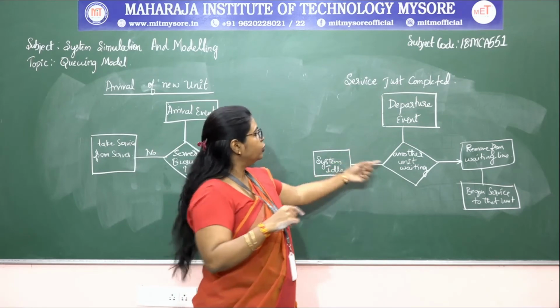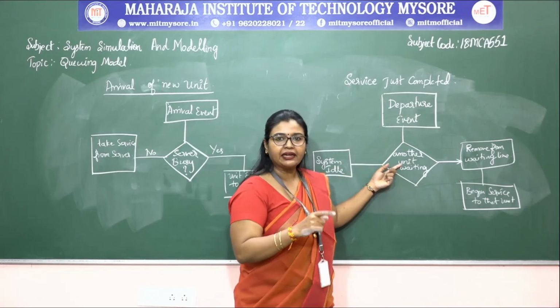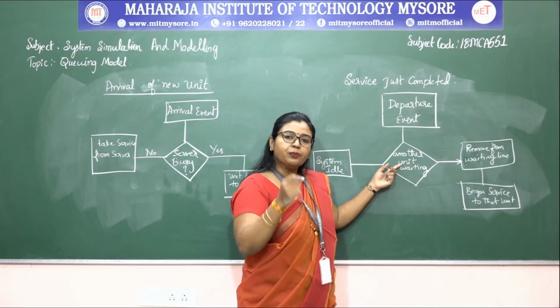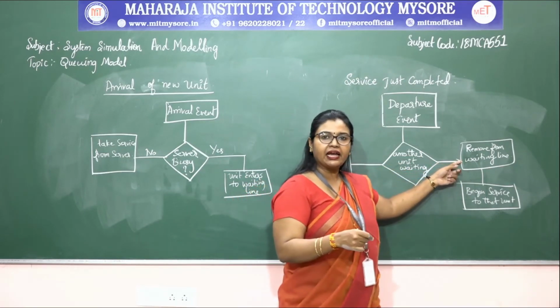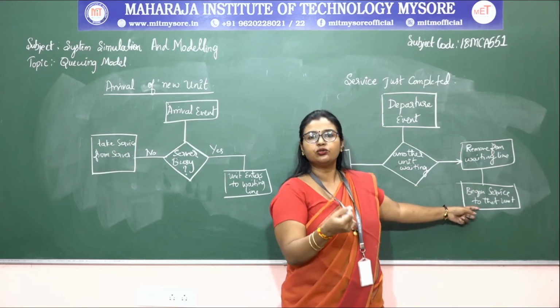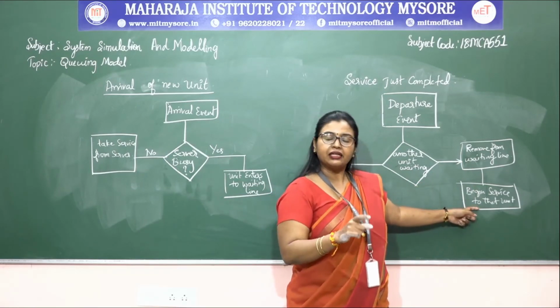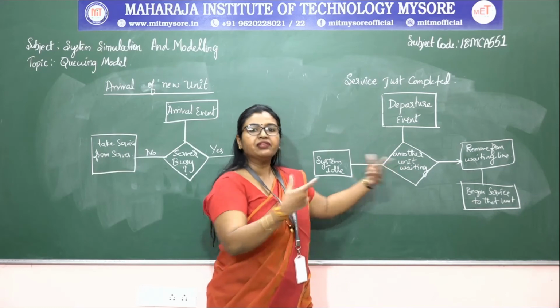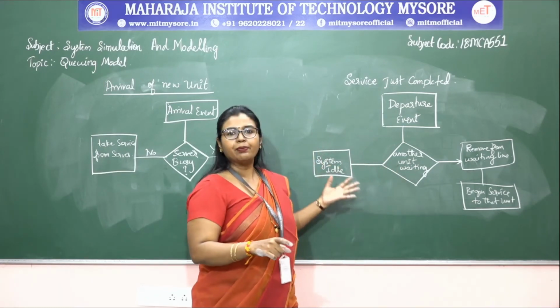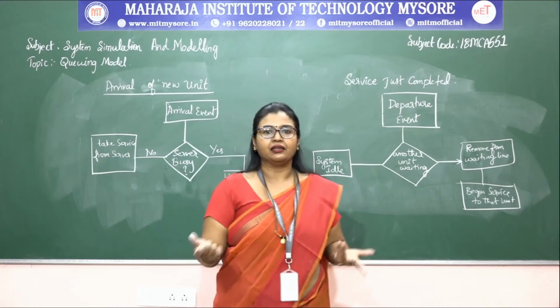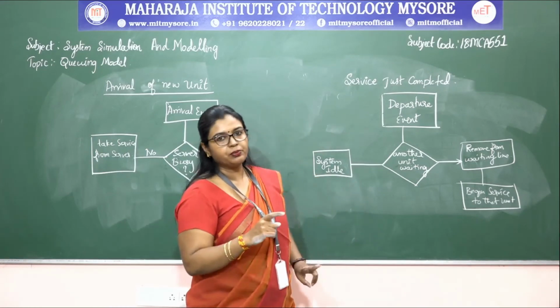So now we need to look into the waiting line. If a unit is present in the waiting line, then remove that unit from the waiting line and start giving the service to that particular customer. Otherwise, if there is no customer at all in the system, your server will become idle. So here there are two possibilities.